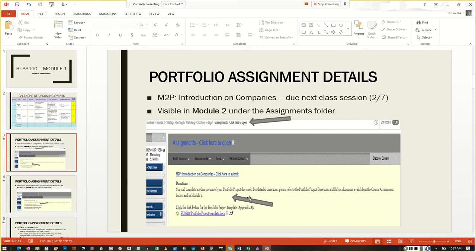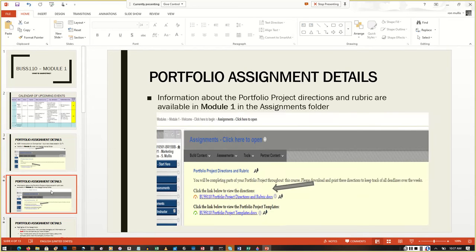As you can see, I have little pointers to where to go. For the portfolio assignment, you can always go back to Module 1 in the assignments area, and you'll see the rubric as well as the project instructions.